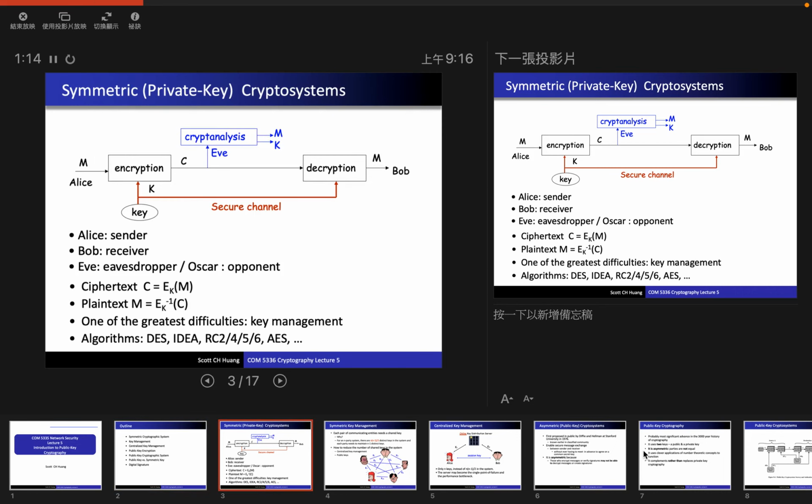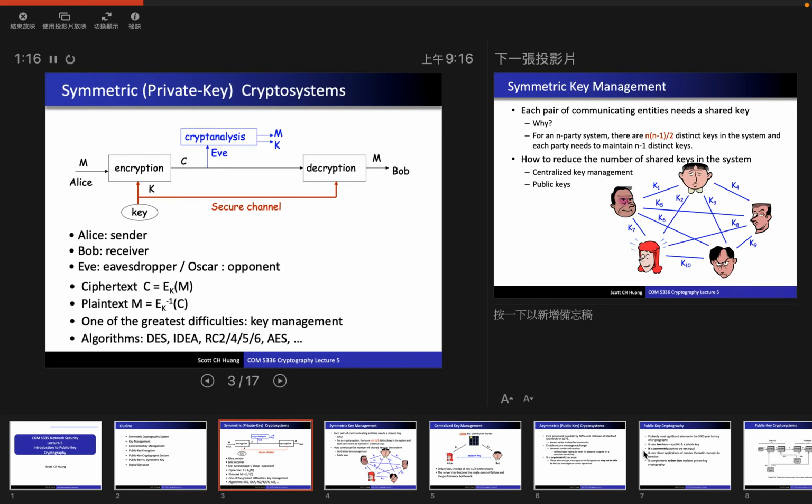Okay, so this is the symmetric crypto system. For encryption, we have a sender and a receiver, right? The sender is usually called Alice, and the receiver is Bob. So Alice sends something to Bob, encrypted with key K, and then this key has to be delivered to Bob.